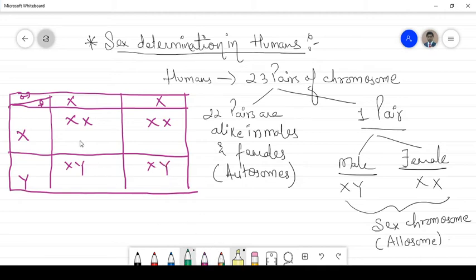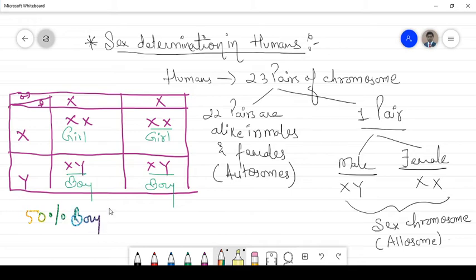If any of these two fertilizes, it will be a baby girl. If this one fertilizes, it will be a boy, and if this one fertilizes, it will again be a boy. So out of the four probabilities, there is a 50% chance of a boy and a 50% chance of a girl.